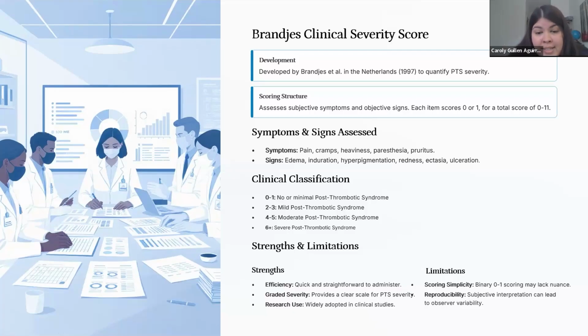It provided a clear scale for PTS severity, and it was widely adopted in clinical studies. However, the limitation was that it was a binary 0 to 1 scoring and may lack nuance, and the reproducibility was subjective. Because of the subjective interpretation, it could lead to observer variability.